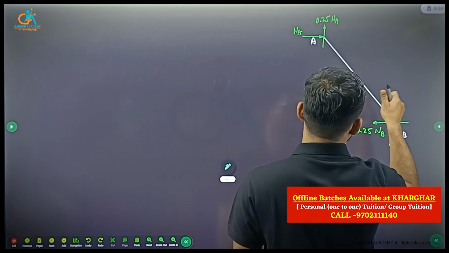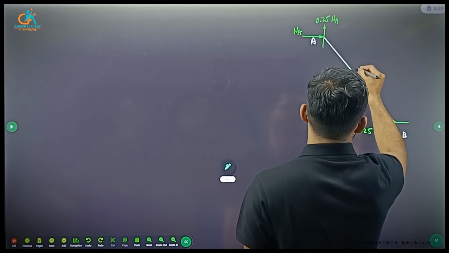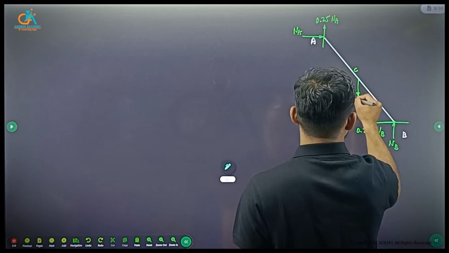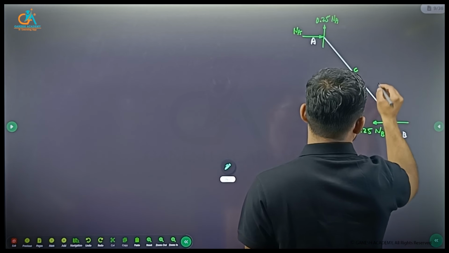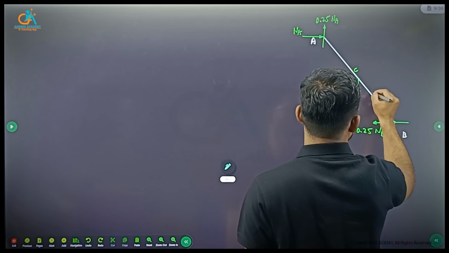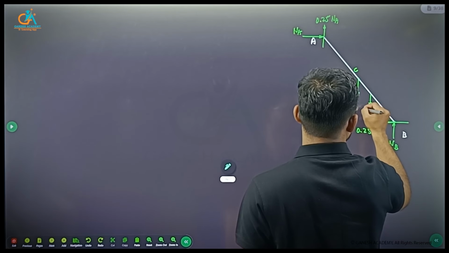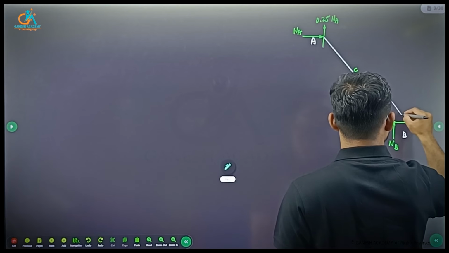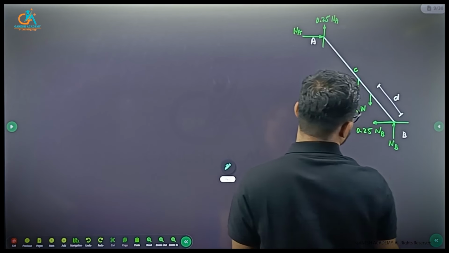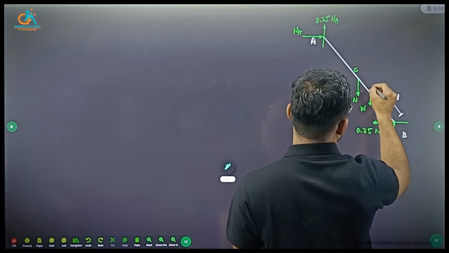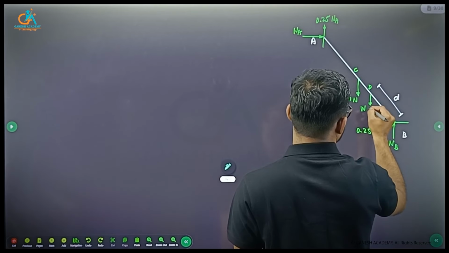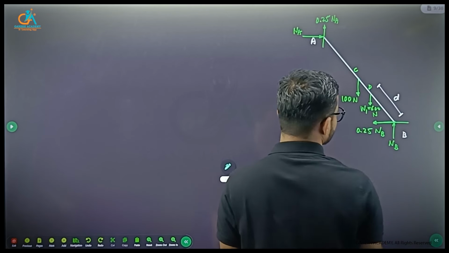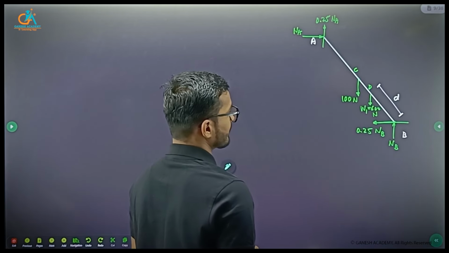Then at center C, weight 100 Newton of the ladder is acting, and let's say at distance D, weight of man, let's say W1, 600 Newton is acting. Okay.